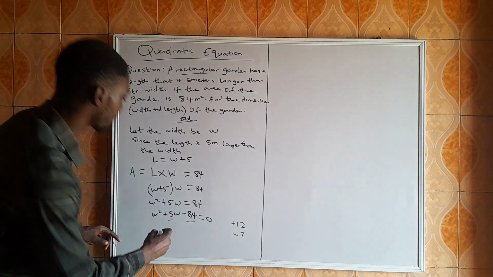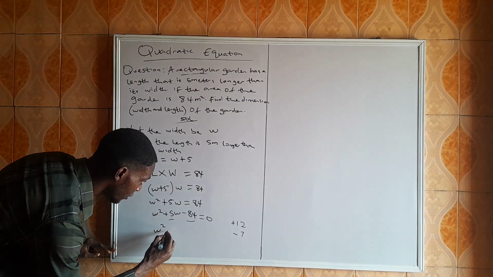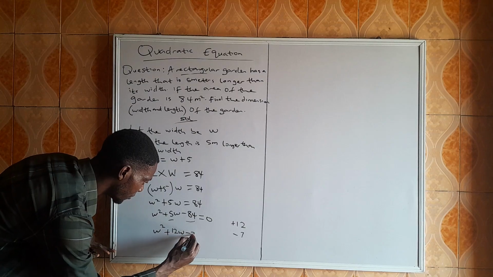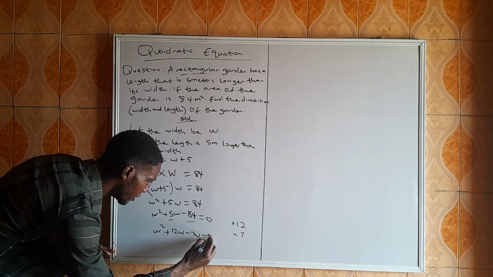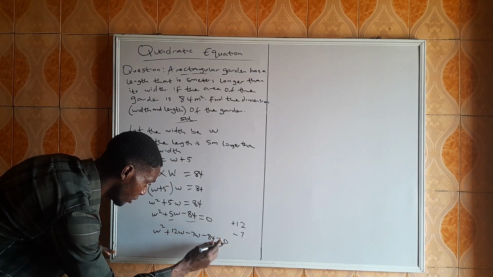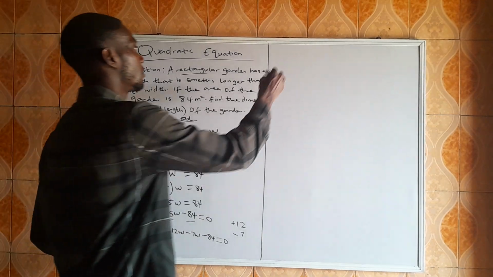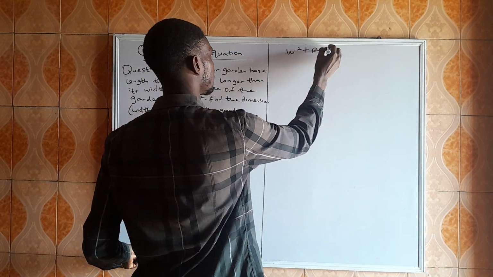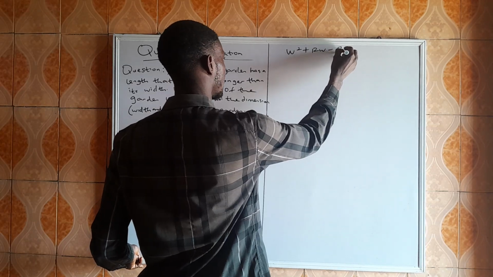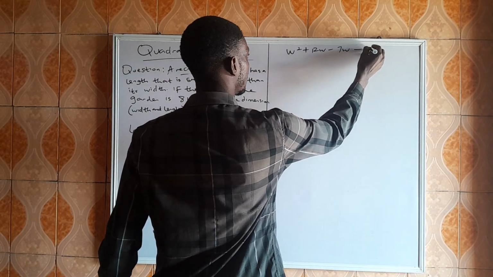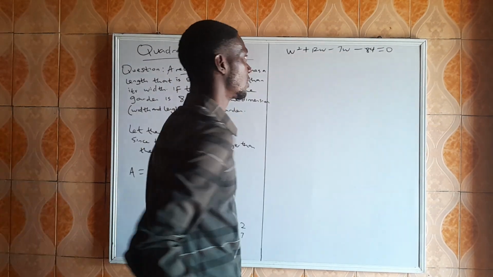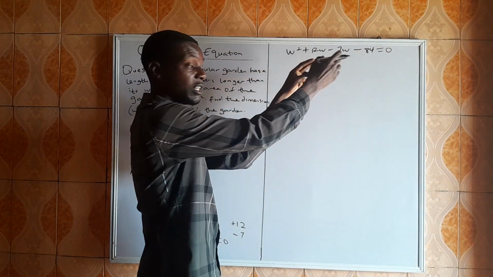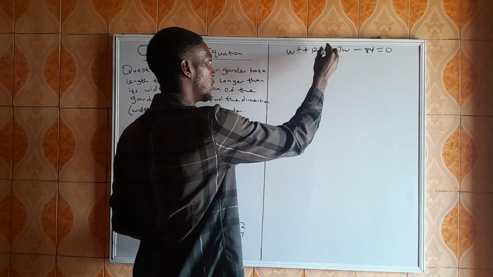So from here, you have W squared plus 12W minus 7W minus 84 equals 0. Now I will bring the first two expressions together and the last two expressions together.